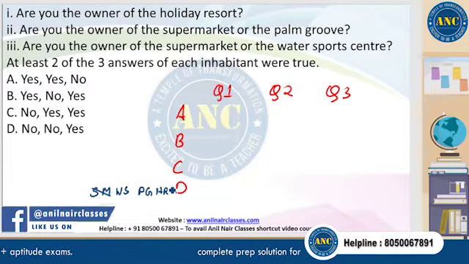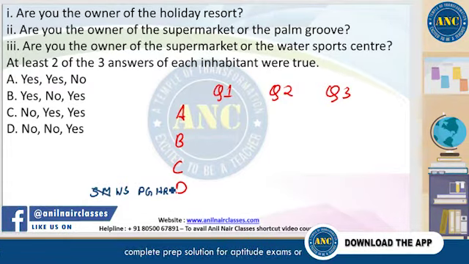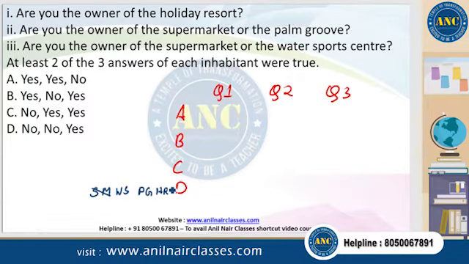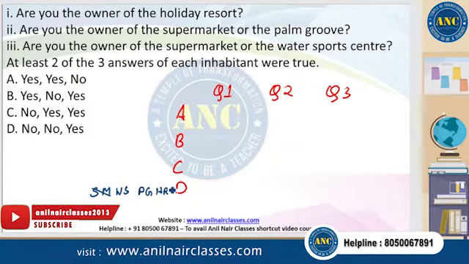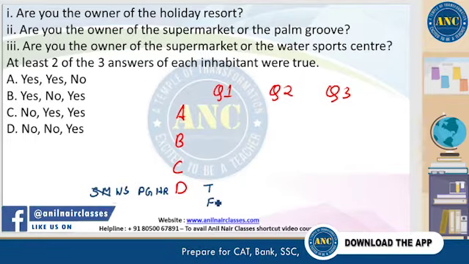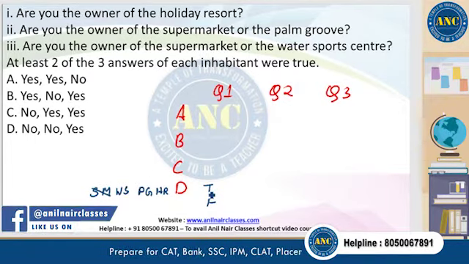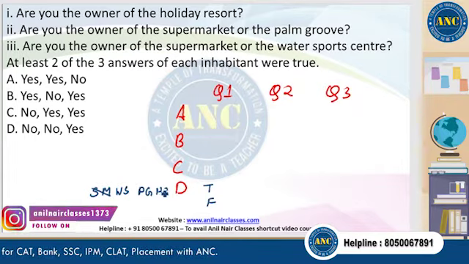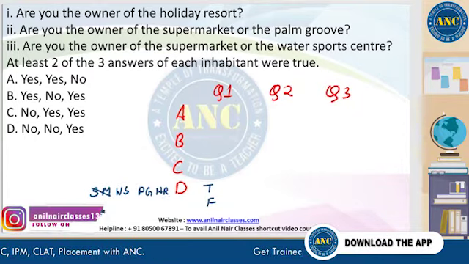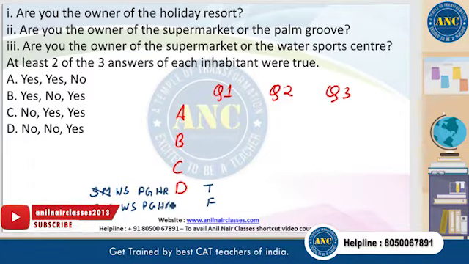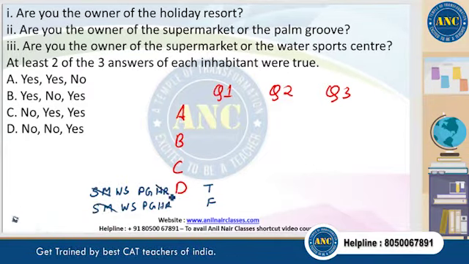So let's see. For the first thing, when D was asked, are you the owner of the holiday resort? There could be two possibilities for the no. The no could be true, or the no could be false. Assuming the no is true, we are sure he is not the owner of the holiday resort.